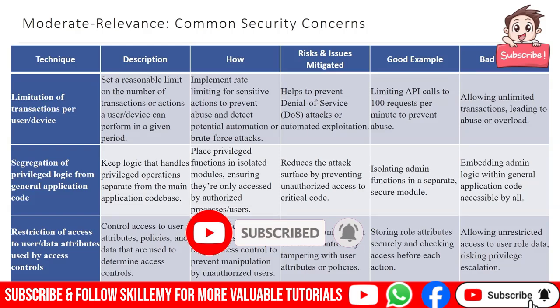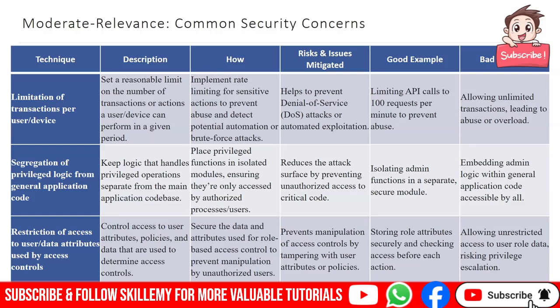Segregation of sensitive code is another important practice. By separating privileged logic from general application code, we create a more secure environment for critical operations. This means that the code handling sensitive tasks, such as administrative privileges or financial transactions, is isolated from the rest of the application.